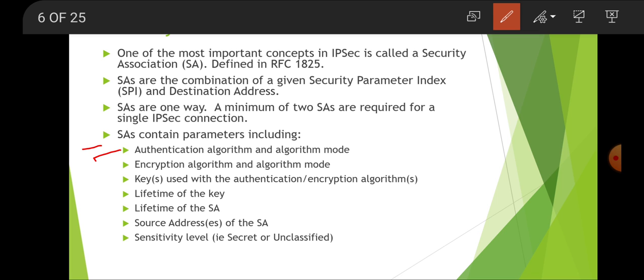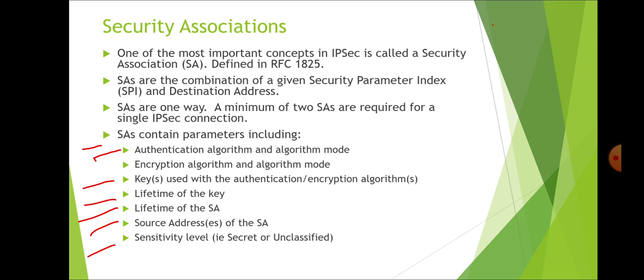Then a few more: lifetime of the key, lifetime of the security association, source address of the SA, and sensitivity level, that is secret or unclassified. These are the parameters required for security associations, by which we have the communication between the transmitter and receiver.